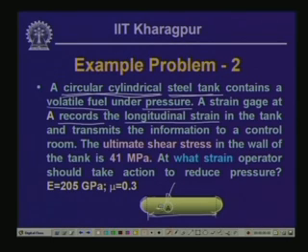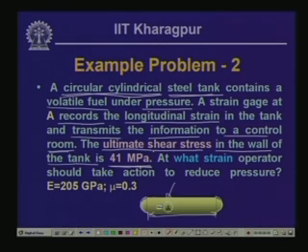Now, on this cylindrical surface there is a strain gauge mounted. This strain gauge transmits the information to a control room about the strain on such vessels. It is indicated that the ultimate shear stress in the wall of the tank is 41 MPa.